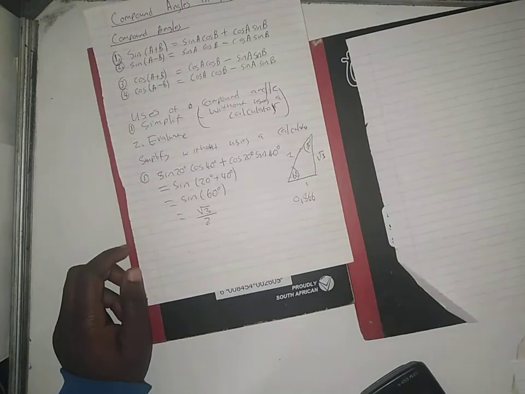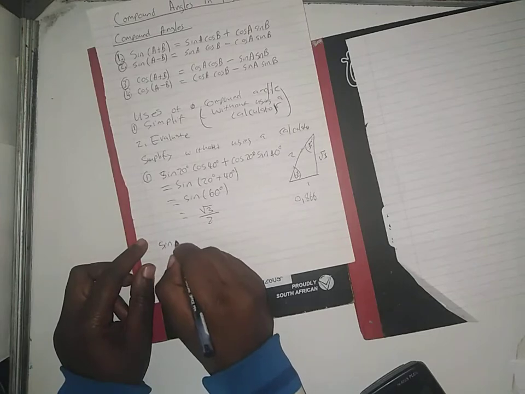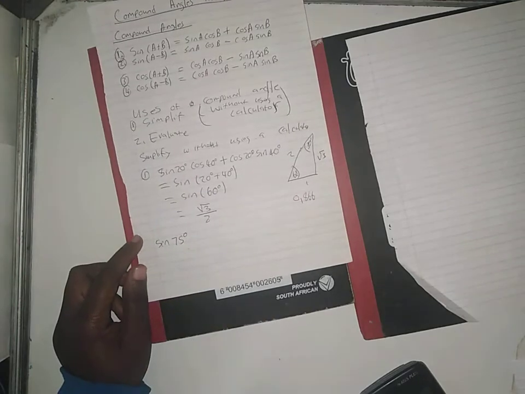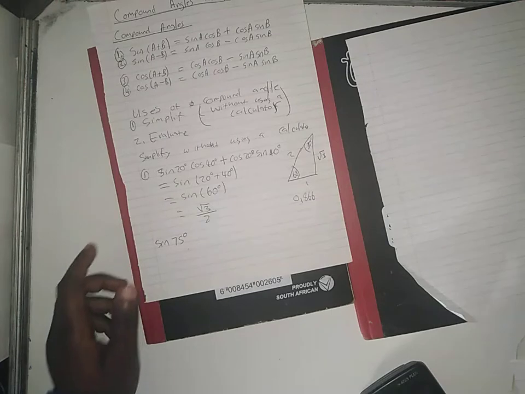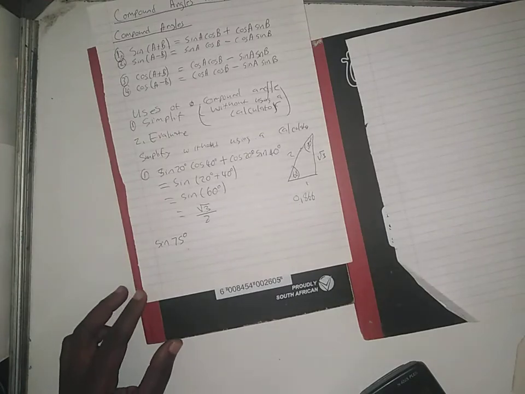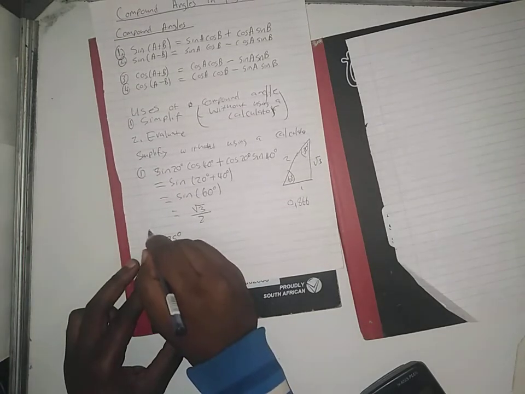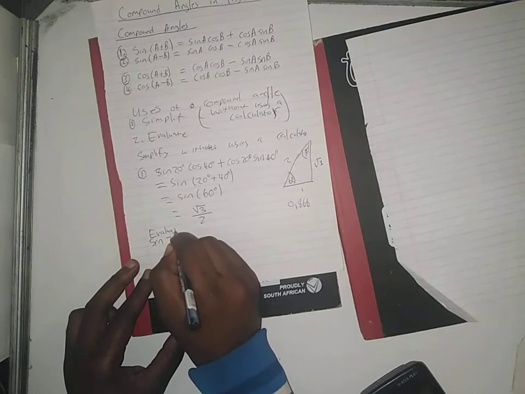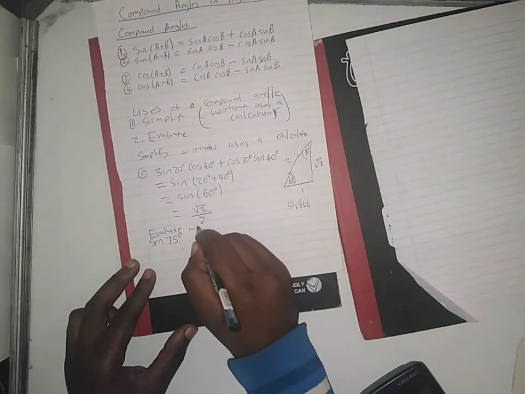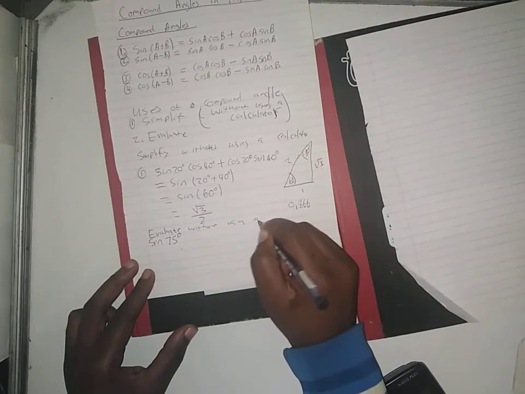Okay, now this is one of the cases. Now let's look at case number 2. Let's say you are given sine 75 degrees. Now this sine 75 degrees, you are told to evaluate without using a calculator.